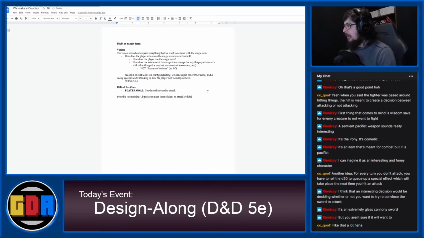Basically, we need something that will incentivize the player to want to attack with the sword, because that creates the player goal of convincing the sword to attack. And then we need an obstacle, which we're going to figure out. The reason I changed the wording here is just to make it a little bit clearer: this sword has this property that makes attacking with it really valuable.